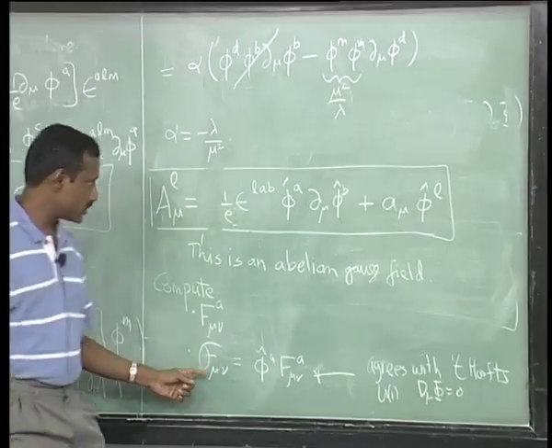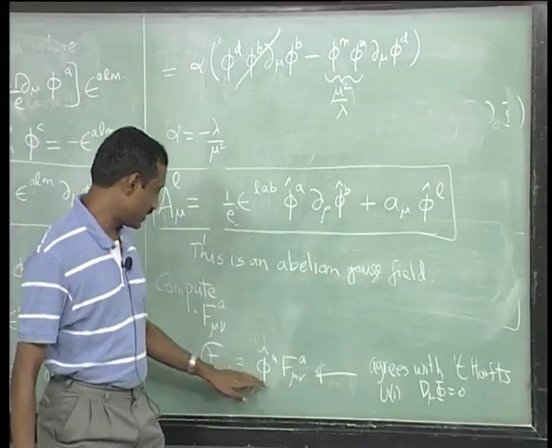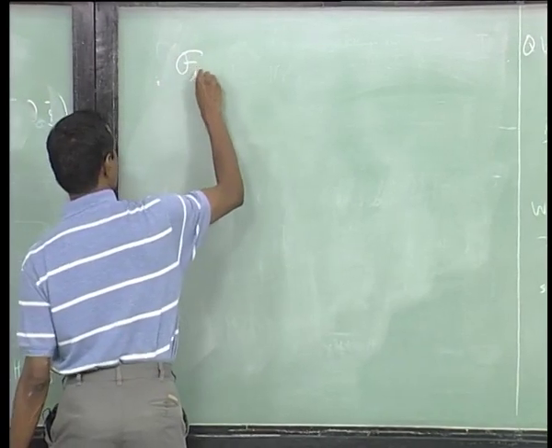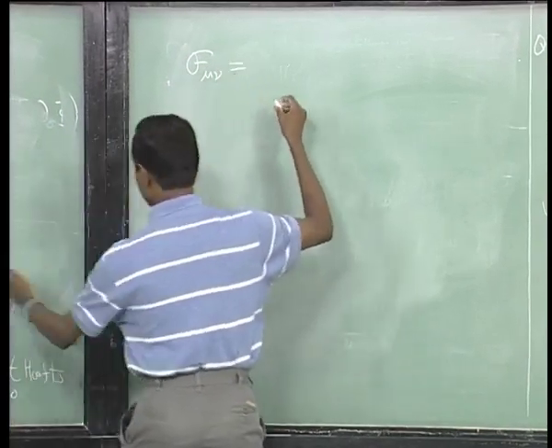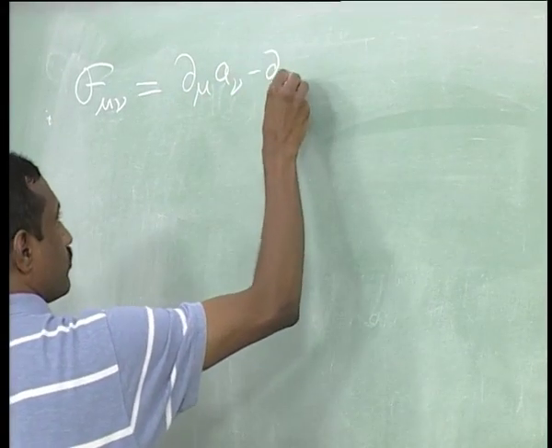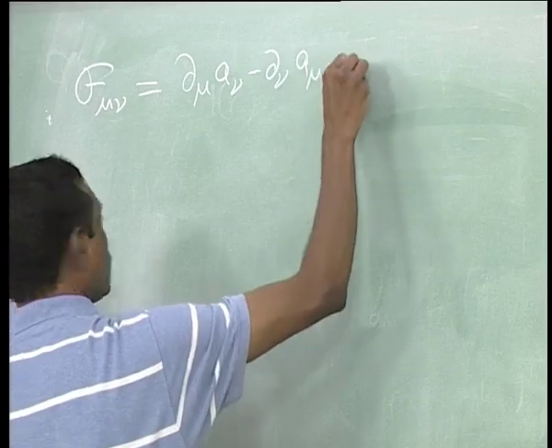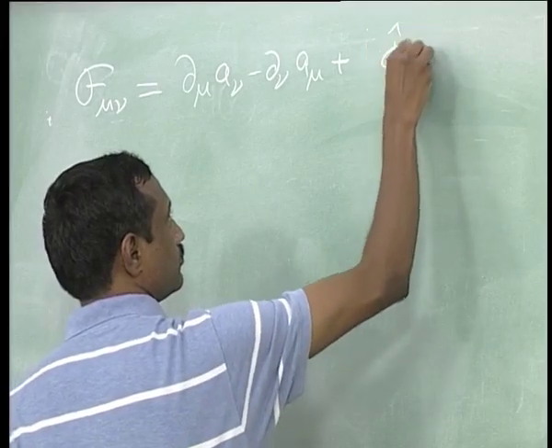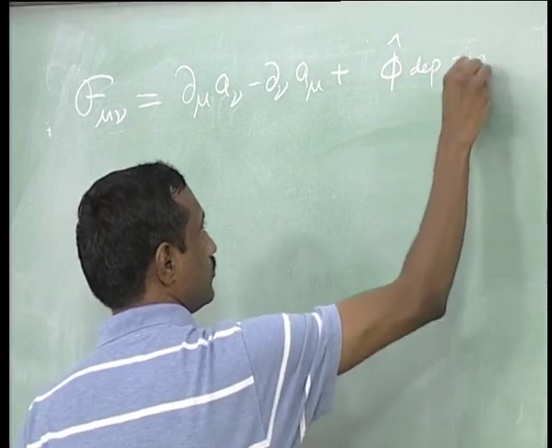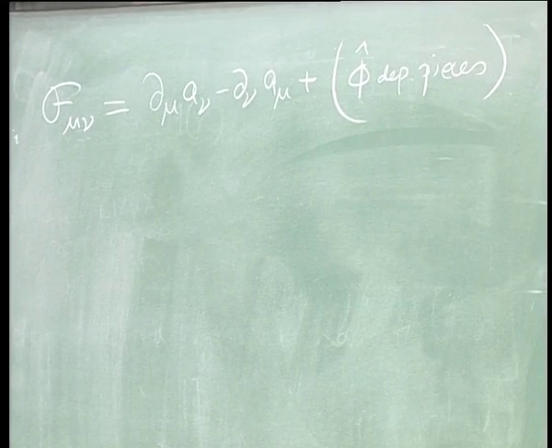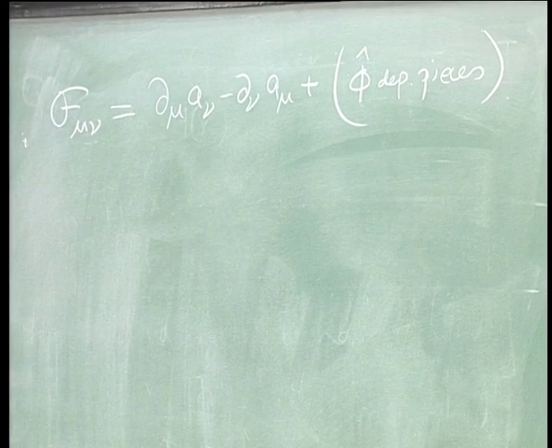Okay. And if you just look through the structure, we will see that f mu nu will have one piece plus the phi hat dependent pieces. Okay.